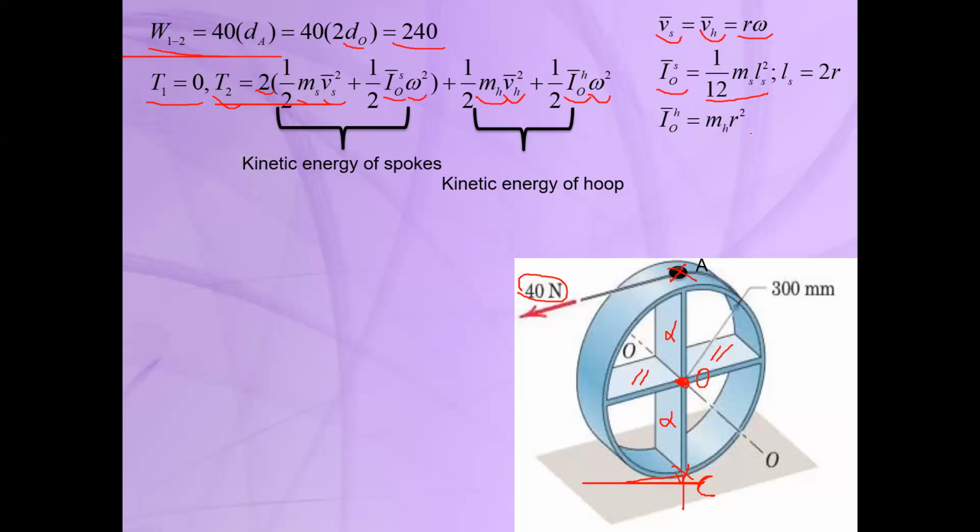The mass moment of inertia for the hoop, as I told you, is similar to the ring. It's equal to m r squared. So we can substitute and simplify and obtain the kinetic energy in the final position in terms of r and omega. We want to obtain this omega as an unknown.